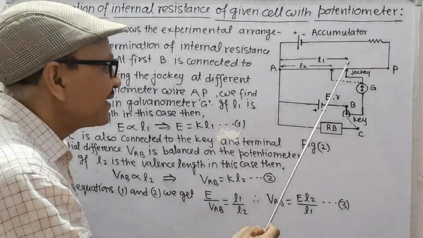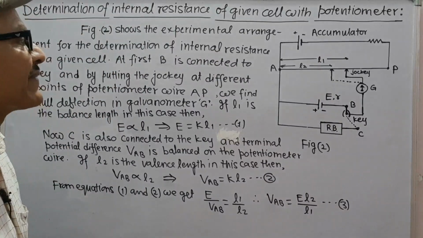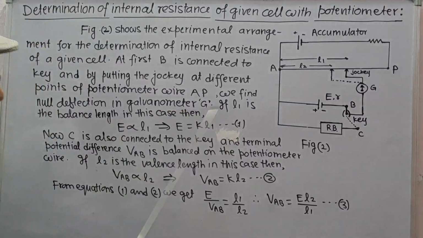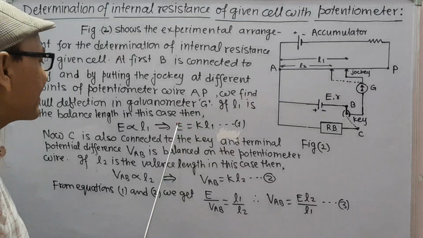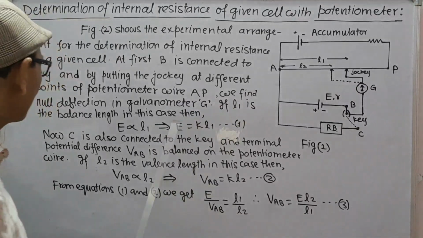If L1 is the distance corresponding to the null deflection of galvanometer, then EMF E of cell will be directly proportional to L1, and therefore E is equal to K into L1, equation 1.